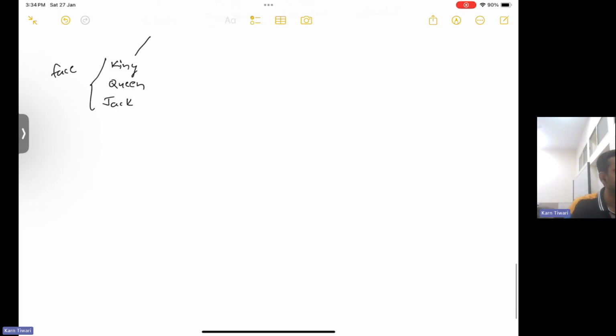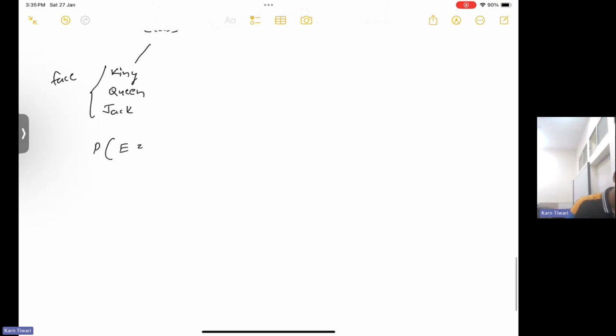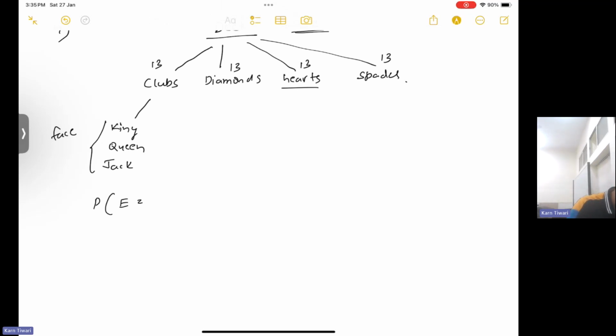So what does the question ask? We need to draw a card. Let's denote the event as E, and we want a card out of the hearts, that is, it should come out of these 13, or a queen.